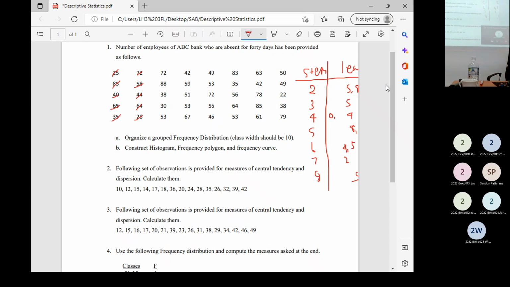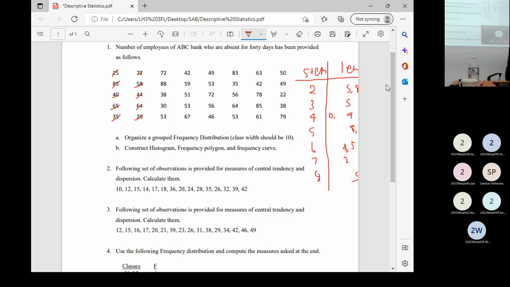25 in this row, 85, 40, 65 in this row, 35, 72, 58, 44, after 0 we write 44, 64, prior to this 5, 28.